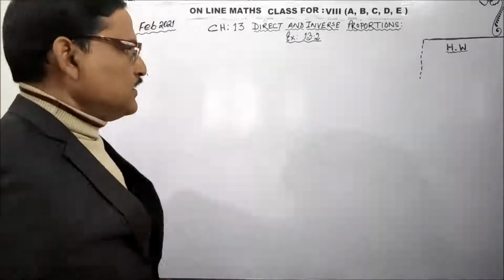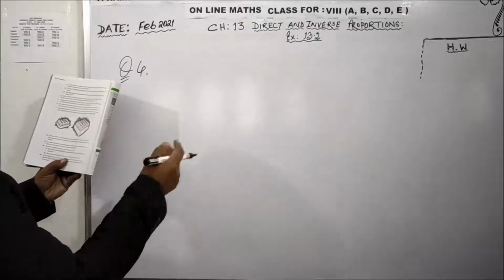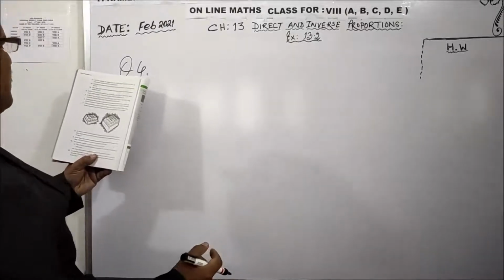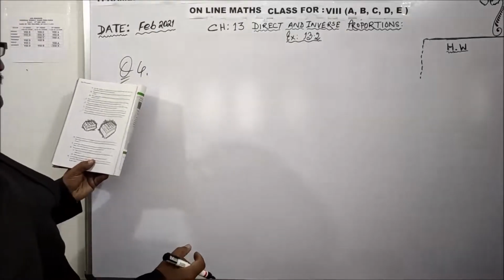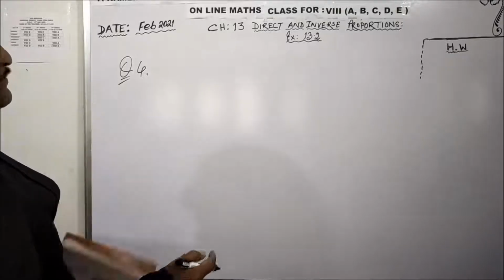Understood your point? So first of all, write down how many sweets they will get if the number of children is reduced by 4.